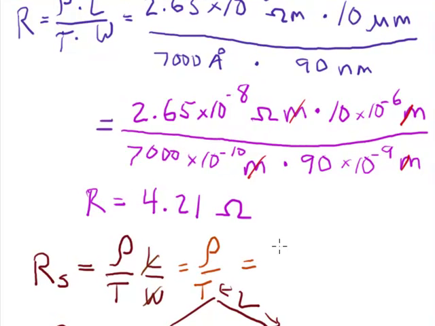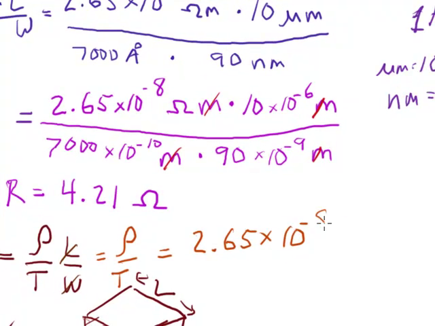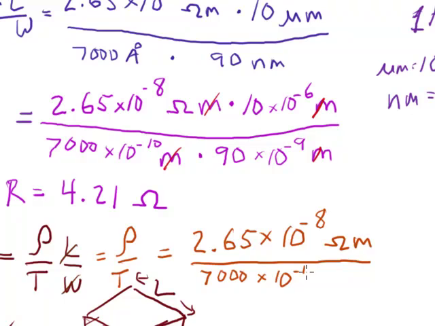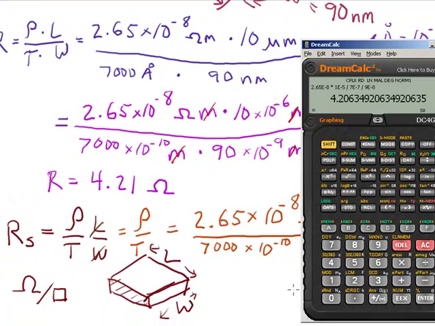So I can calculate that for this example: 2.65 times 10 to the minus 8 ohm meters divided by 7,000 times 10 to the minus 10 meters. When I do this calculation, the meters units are going to cancel, so let's do that.